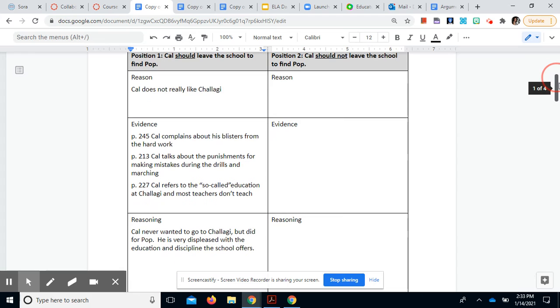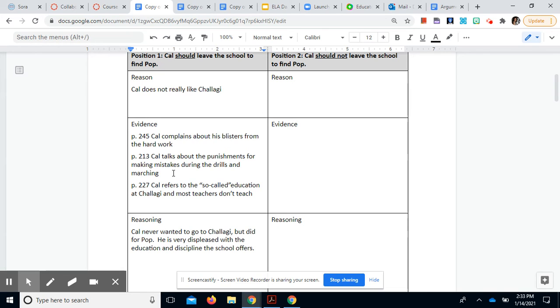And for that side of the note catcher, you need to provide a reason, evidence for that reason, and reasoning, which is explaining it, putting it all together. So, for example, you could say that Cal should leave the school to find Pop because Cal doesn't really like Challagi anyway. And our evidence, I have some evidence here where Cal complains about his blisters from all the hard work at Challagi.